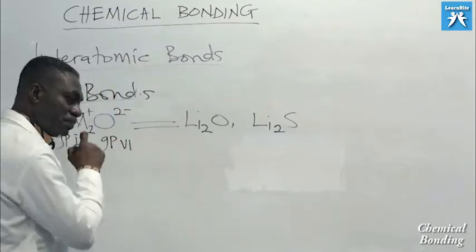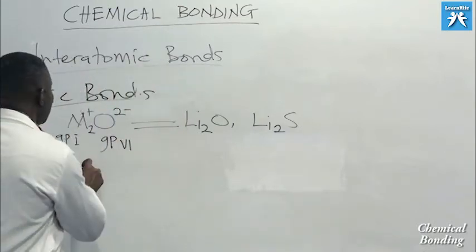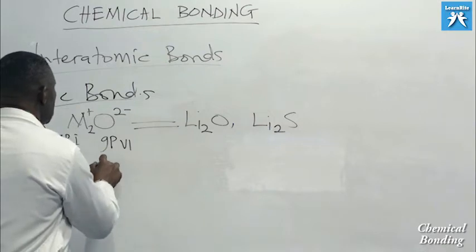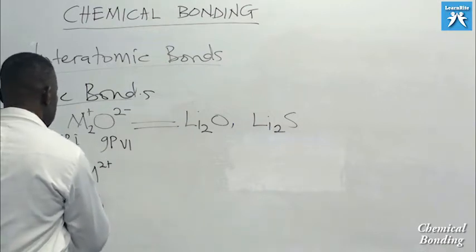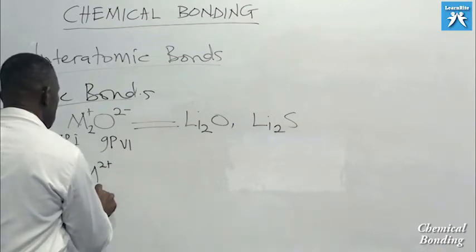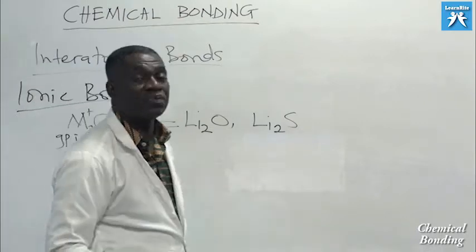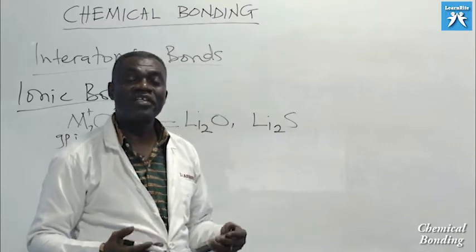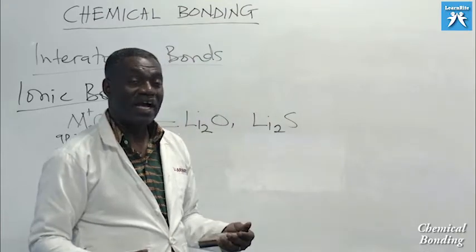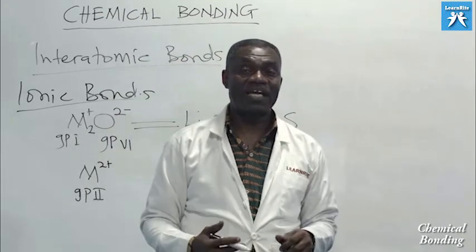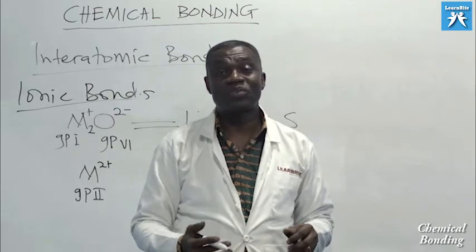Another example is where I take a group 2, M2 plus. Now group 2, when I'm combining with group 6, because group 2 can donate 2 electrons at the same time, and group 6 can accept the 2 electrons at the same time, the ratio becomes 1 to 1.